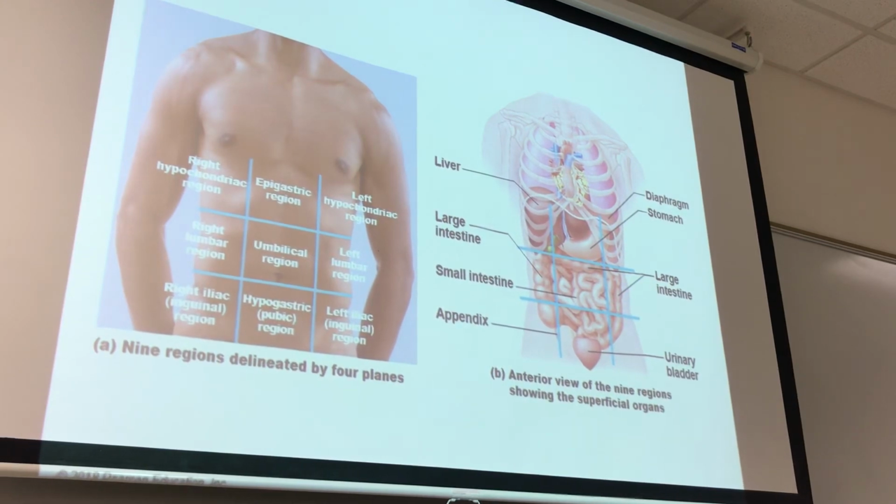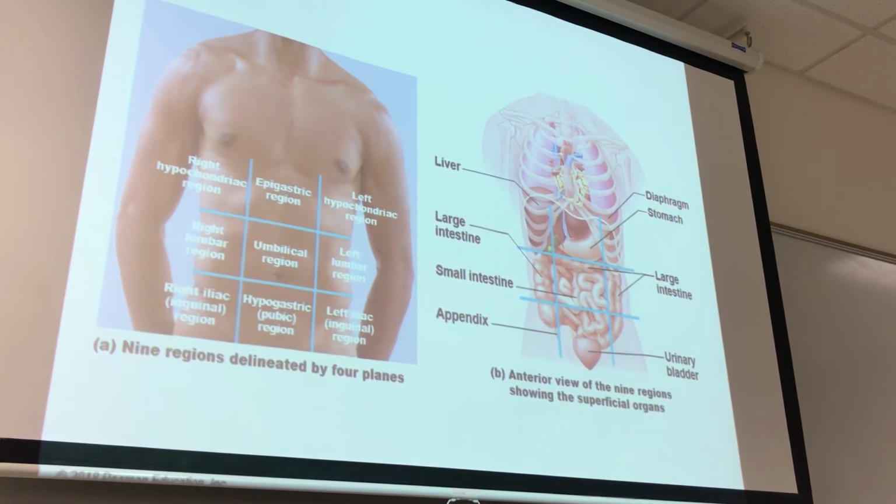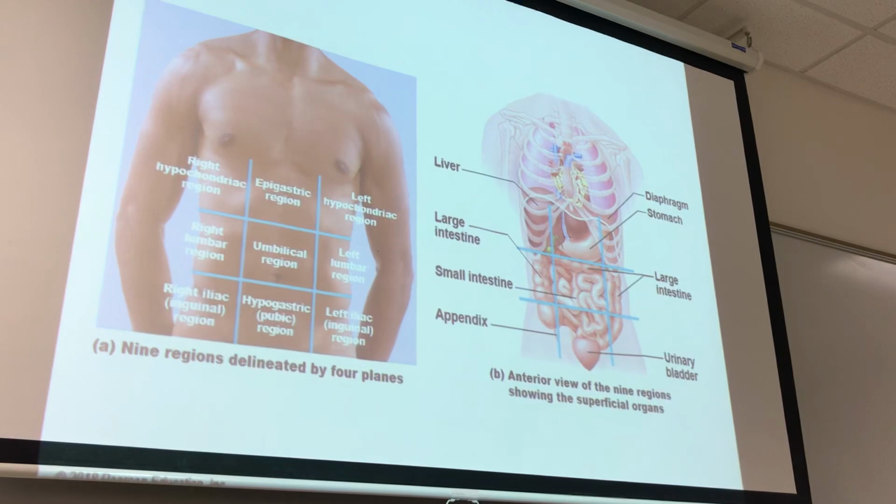Oh, well, we have 3 seconds left. So what's in the hypogastric region? Something that we all have in common. Bladder. This is where we're going to find our bladder. For ladies, this is where you're going to find your uterus. For gentlemen, this is where we're going to find our prostate. And in the inguinal regions, we're going to find large intestine on both sides. Ladies, this is where you're going to find your ovaries.